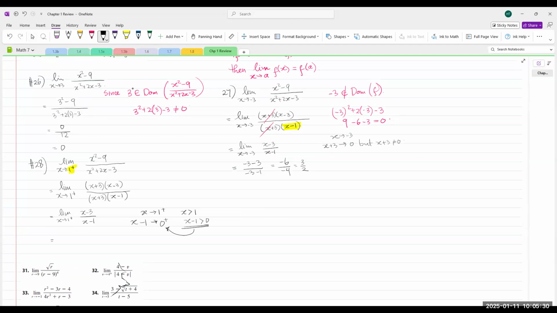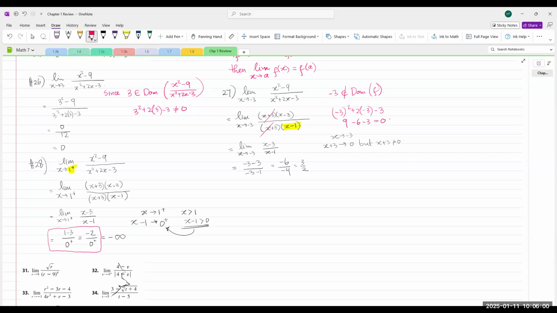Therefore, when I put this in, I will get 1 minus 3, which is -2, over 0 from the positive side. So imagine if we have -2 divided by a positive number close to 0. That will give us -infinity.